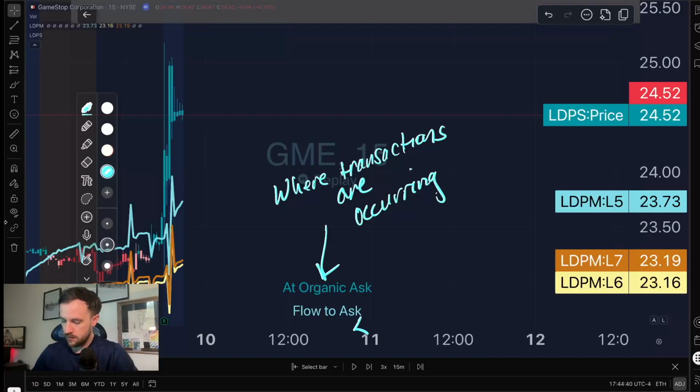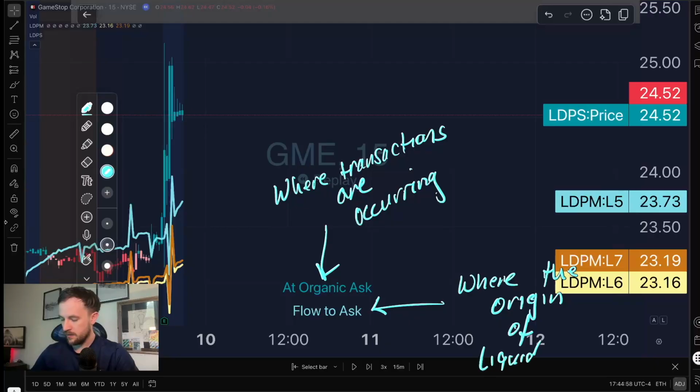The flow, maybe, tells us where the origin of liquidity is moving. So we have two bits of information that these words tell us. The first is who is the predominant actor, so where are these transactions occurring? And then two is where is liquidity moving?